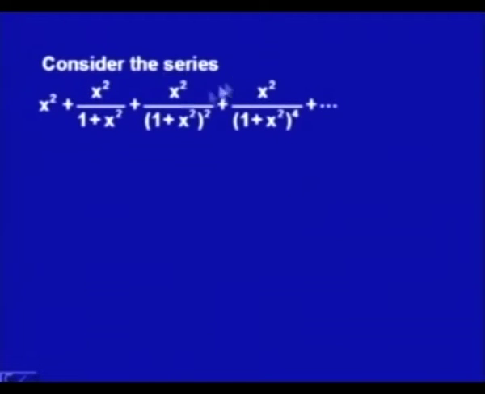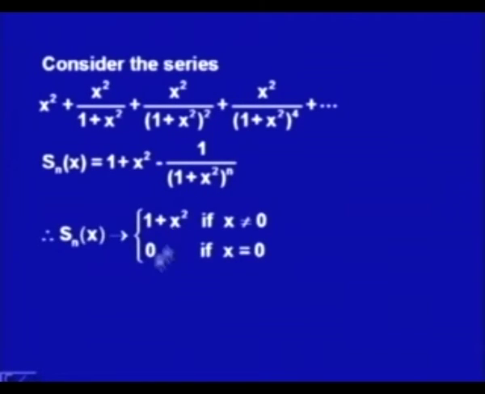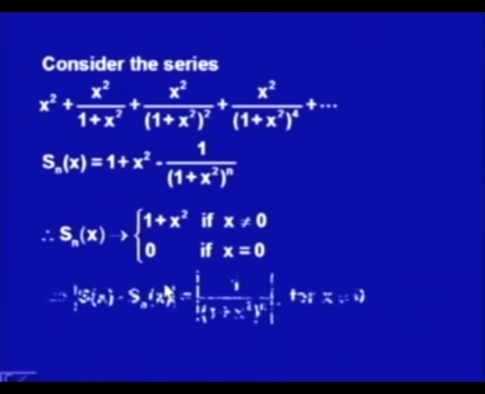Now, if we consider a different series, which is x square plus x square over 1 plus x square plus x square over (1 plus x square) whole square and so on, then for this series the partial sum S_n(x) is 1 plus x square minus 1 over (1 plus x square) raised to power n. Then we can notice that S_n(x) tends to 1 plus x square if x is not equal to 0, and will tend to 0 if x is equal to 0.